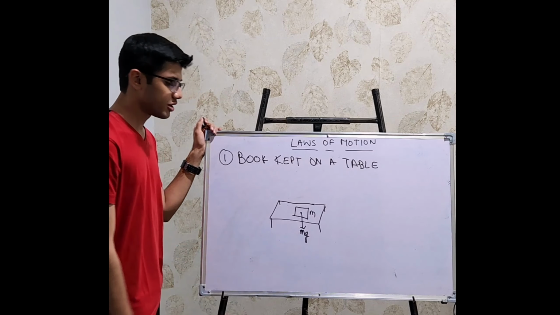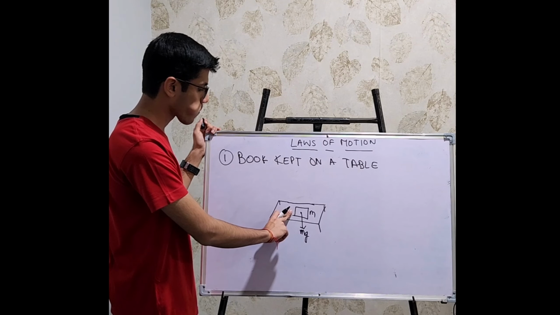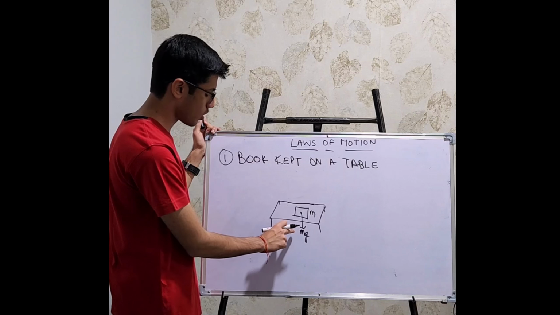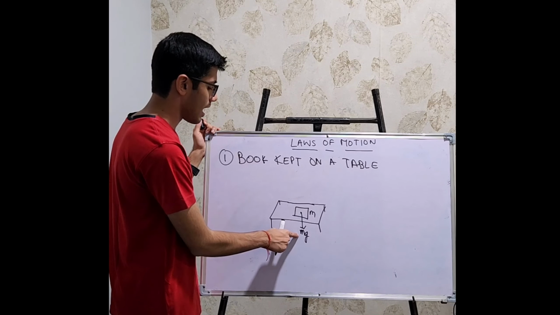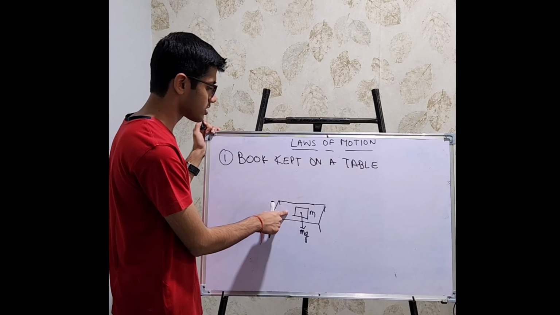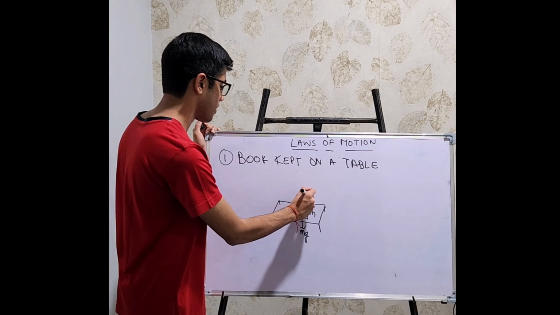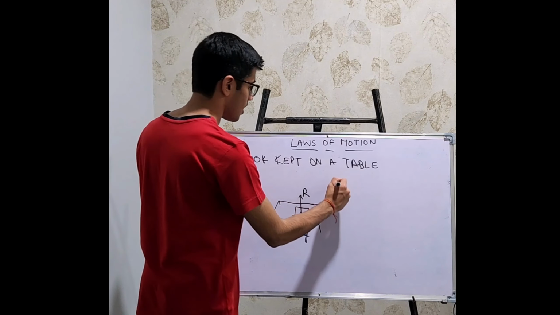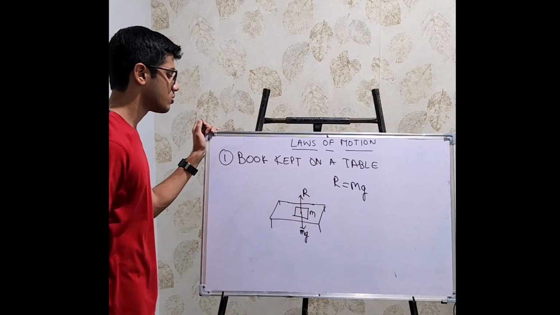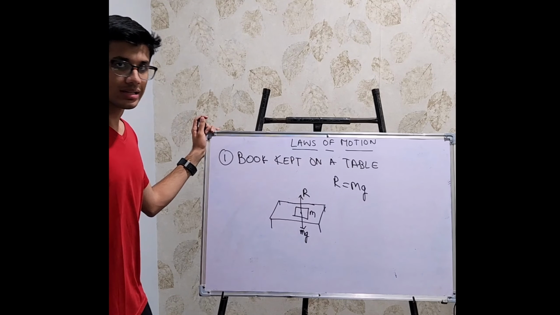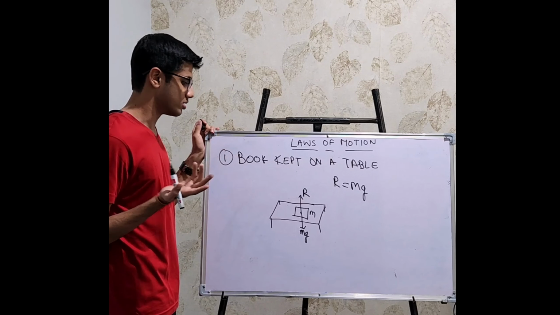G is the acceleration due to gravity, and this force is exerted by the earth on this book. So the earth exerts a force on this book equal to mg, and the table also exerts a force on this book that is equal to R. So R is equal to mg. Since these two are equal, the book stays in its place and does not break into the table or move upwards.